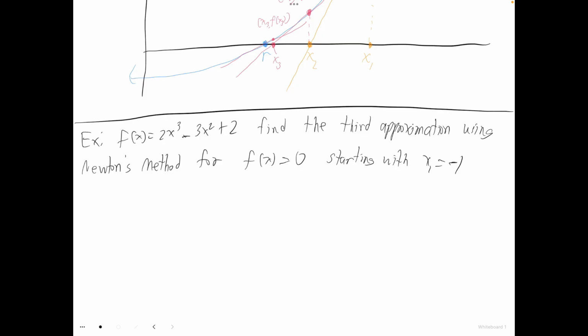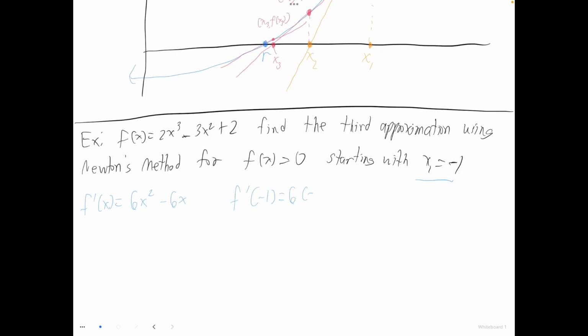What we need to do is find the tangent line. Remember, the slope of the tangent line is the value of the derivative at that point, so we need the derivative of f. The derivative of f will be 6x squared minus 6x. Now we want the tangent line at the point x sub 1, which is negative 1, so we want f prime of negative 1.